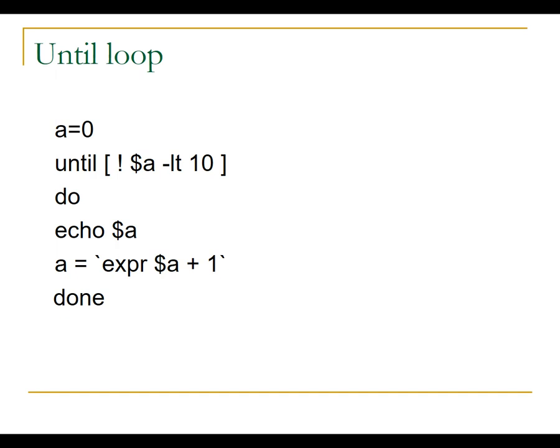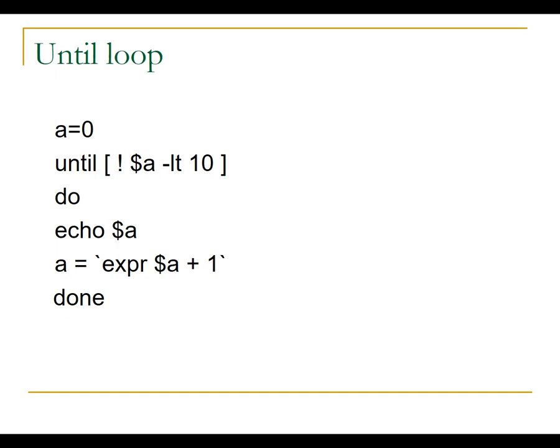That means 0 is printed on the screen. Every time the value is printed on the screen, it increases the same value by 1 until the condition becomes false. This particular loop repeats 10 times and it prints 0 to 10 on the screen.